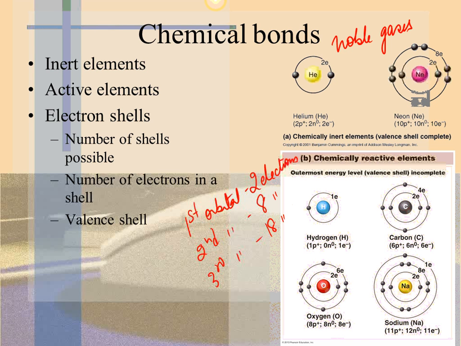As the number of electrons in any element increases, the number of orbitals will also increase, and the number of electrons in each orbital will also increase. Okay? Does it increase by a particular number? No. So now you have a rule which is known as the octet rule.